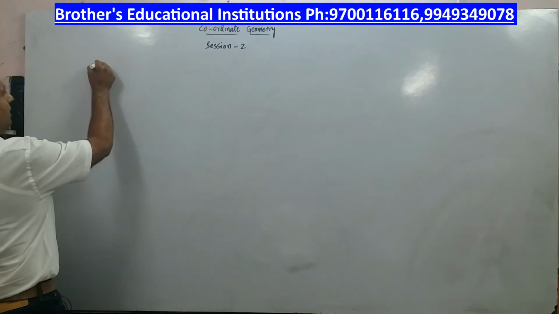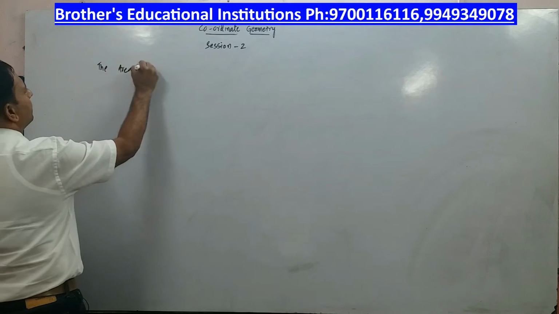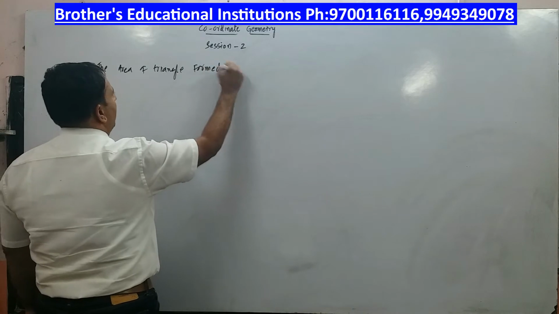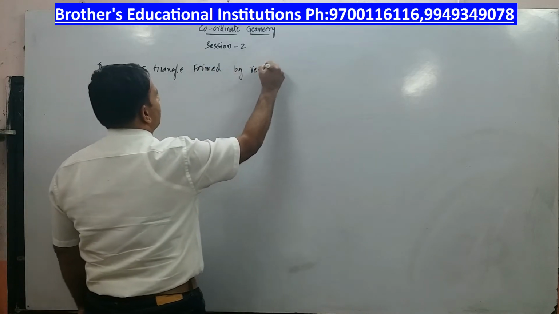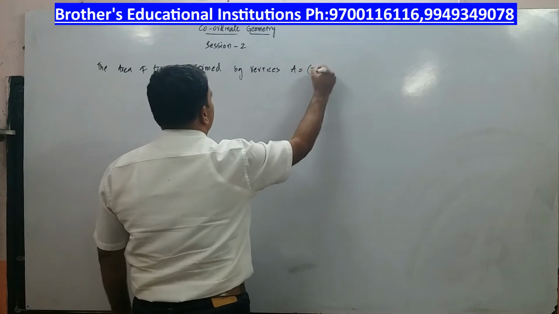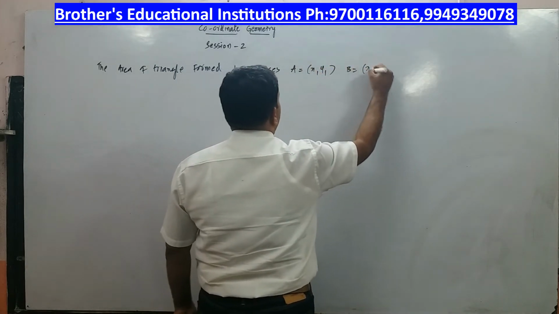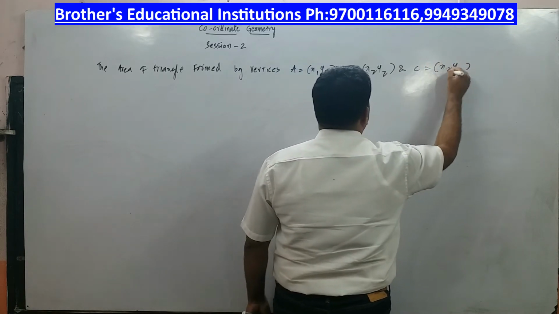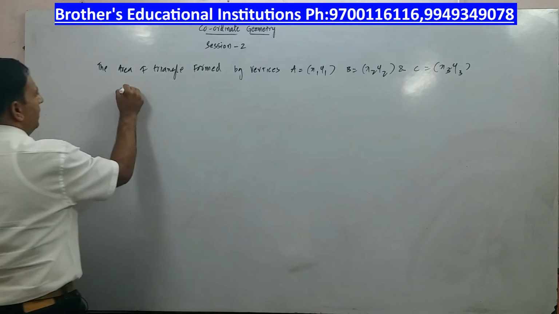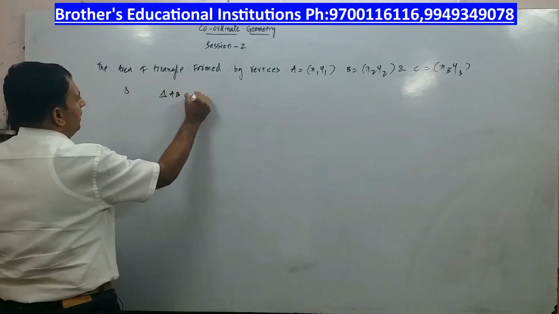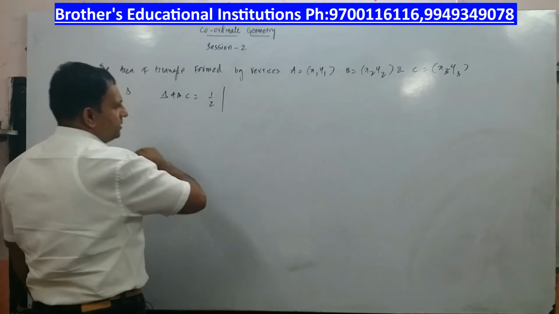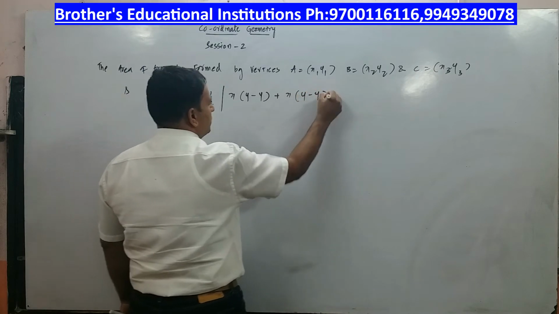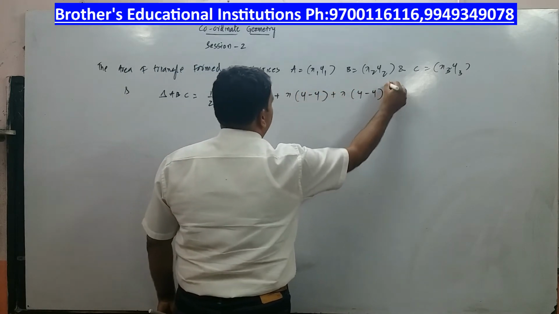So here it is, the area of triangle formed by vertices A is equal to x1 y1, B is equal to x2 y2, C is equal to x3 y3 is delta ABC is equal to half modulus x y minus y plus x y minus y plus x y minus y. Don't be surprised.